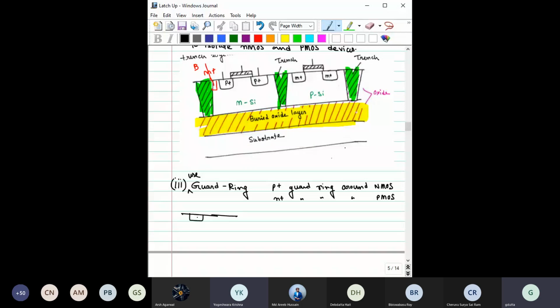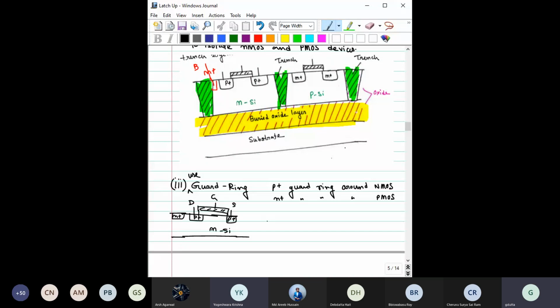This P plus, this P plus, this is one terminal, this is another terminal, this is oxide, this is the gate terminal. This is the source, this is the drain, and this is N silicon. And you have one N plus region here.